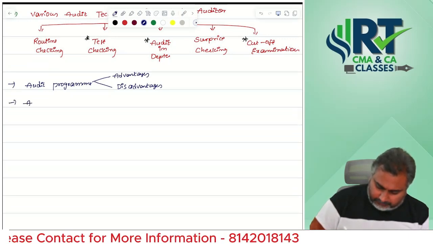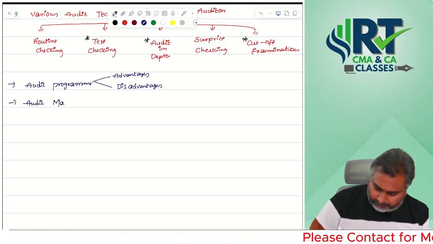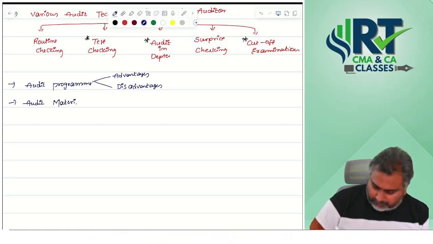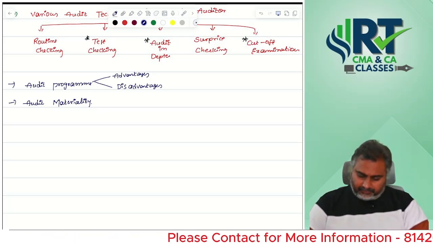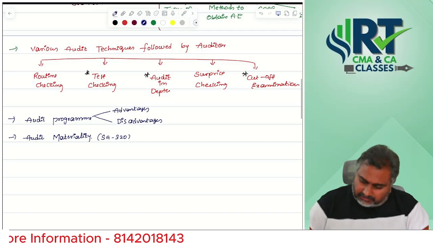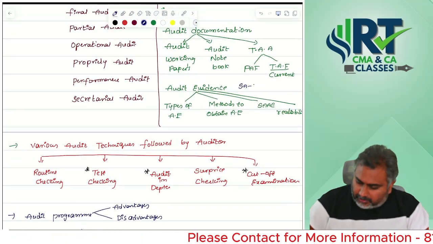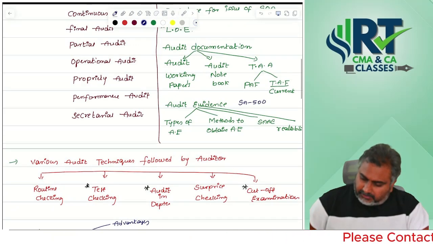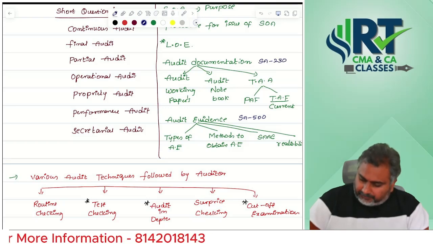Next, audit materiality. Try to remember the standard numbers also, as they will be focused on in MCQs: here SA 500, here also SA 230.